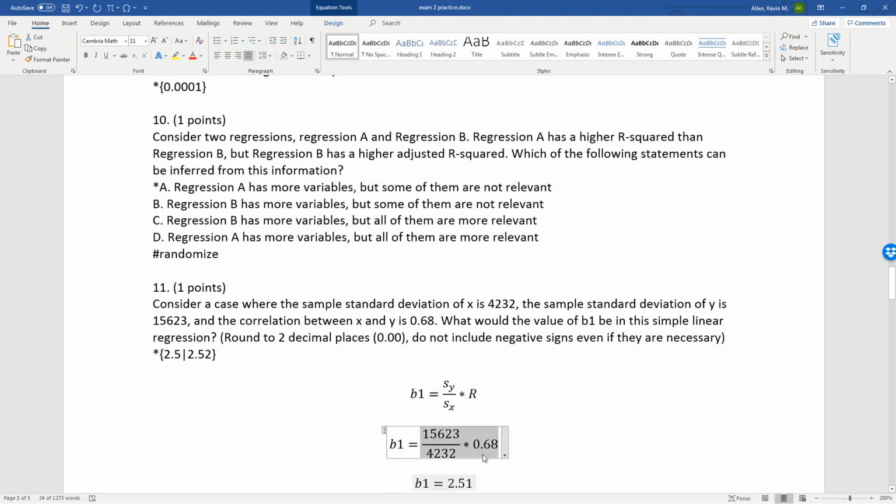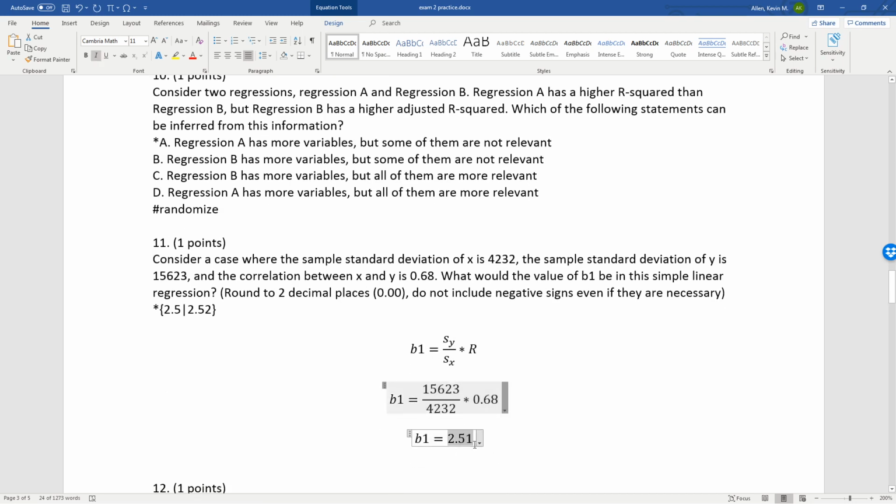So you just plug in your numbers, and your answer should be 2.51, with maybe just a little bit of rounding wiggle room in the actual answer on the exam. But this is just, here's the equation, plug in your numbers, solve out your number. This is the equation for B1. Once you've gone through that big derivation that I did, this is what it ends up being.